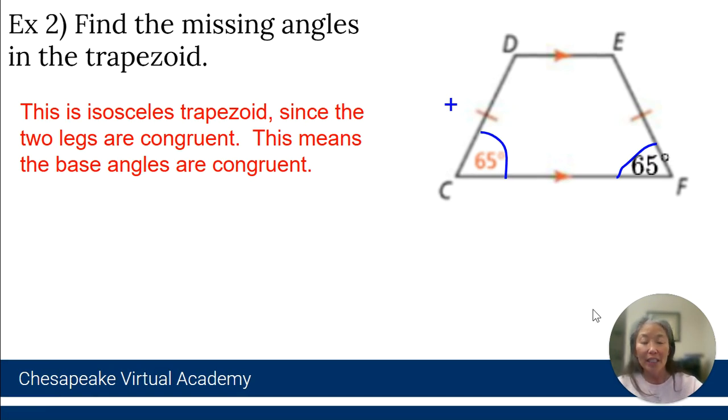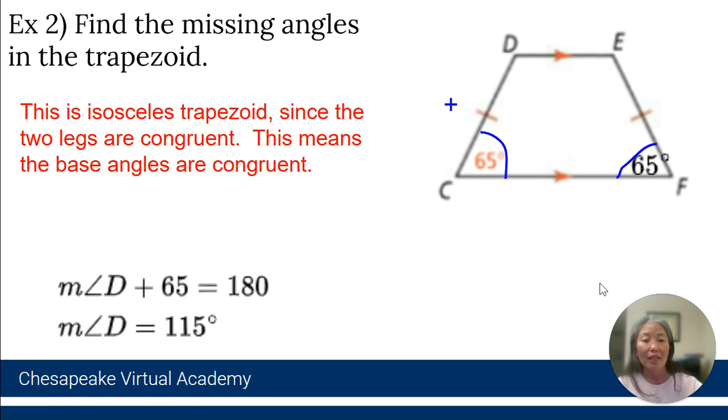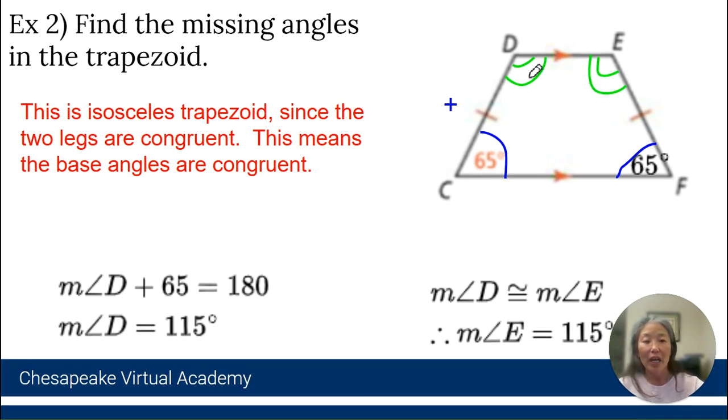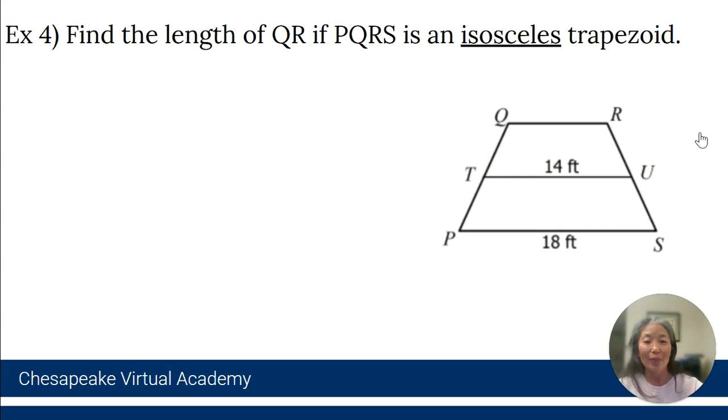I know that angle D plus angle C is going to equal 180, so angle D has to be 115. And then I know that angle D and E are congruent, so angle E is going to equal 115 degrees as well. Once again, 65 plus 65 plus 115 plus 115 gives me a sum of, food for thought.